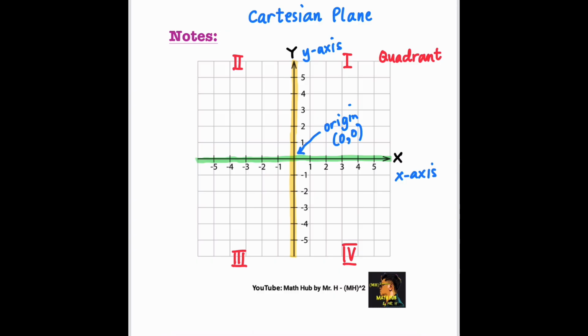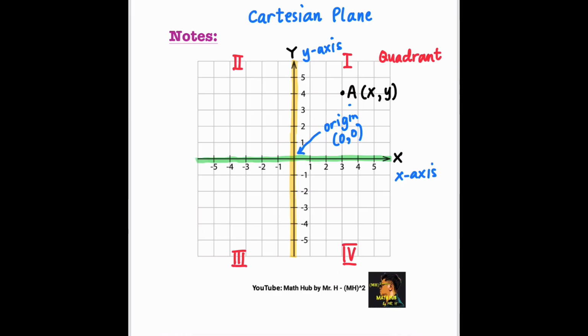And I'm sure some of you have learned what a point is, so that's one important geometric term. Say for example, I put a point here, say point A. So you know that every point is named using a capital letter. And each point consists of the x-coordinate and the y-coordinate.